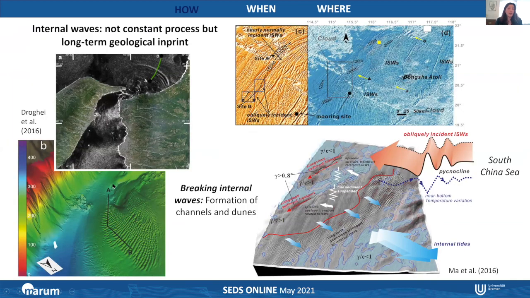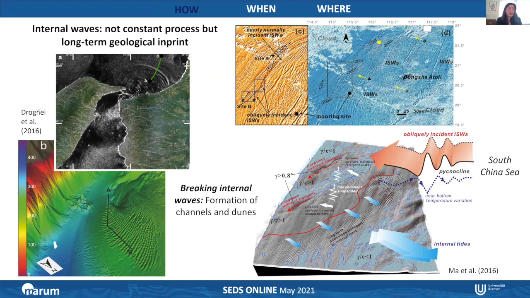And then internal waves are also processes that are relatively short in time, but that can have a strong impact on the seafloor, and this impact can also be recorded in the form of bedforms and also erosional surfaces or channels.